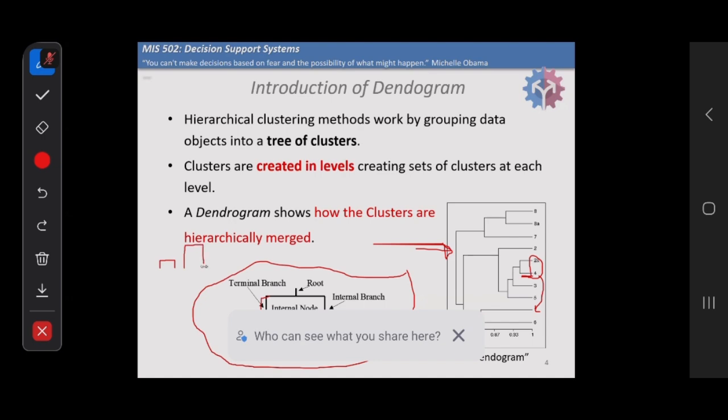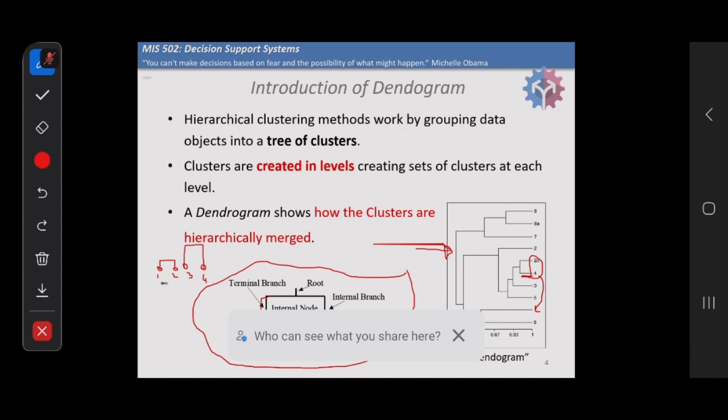So if I showed you these, you know, so this is one point, this is another point, so I'm going to call it point one, point two, and I'm going to call it point three, and then I'm going to call it point four. So if you're comparing point one and two versus point three and four, which 2 points seem closer to you?